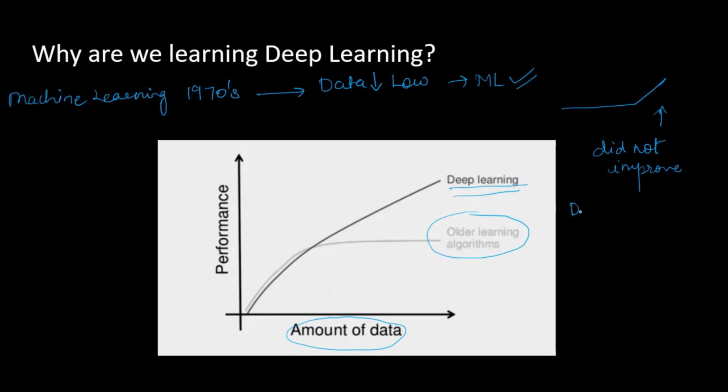Deep learning was needed because it was observed that as the amount of data increases, the accuracy and performance also increase for the models which use deep learning. So that's why deep learning came into play. But what is the functional difference between machine learning and deep learning?